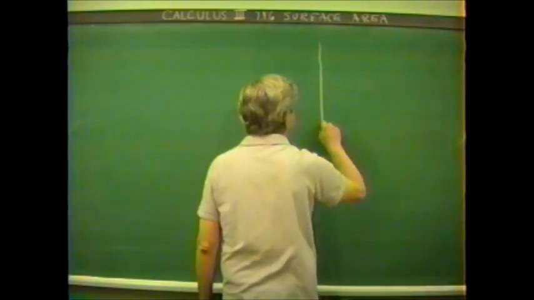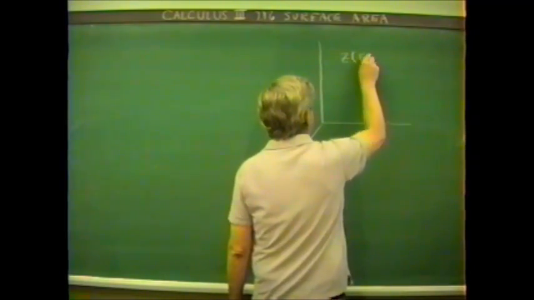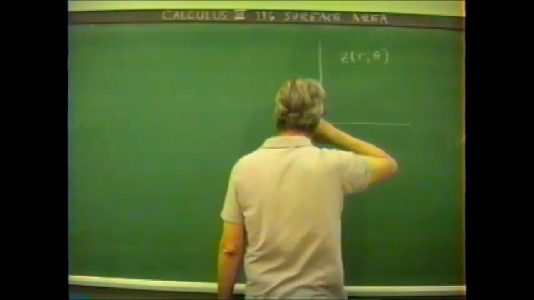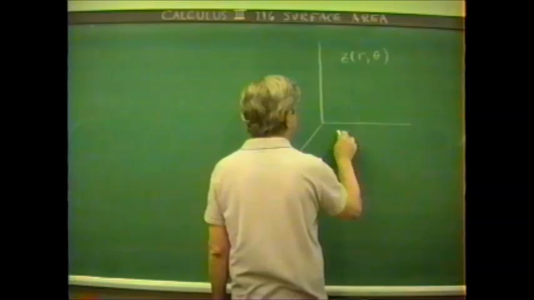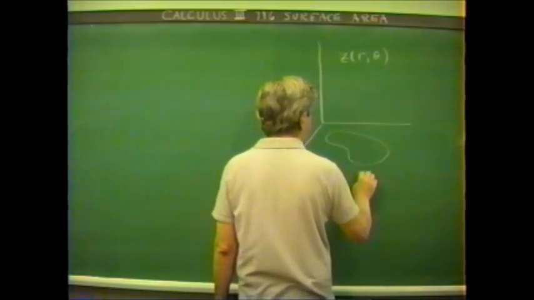We suppose that what we've got here is a function z of r and theta, defined over a region here where our variables are r and theta.